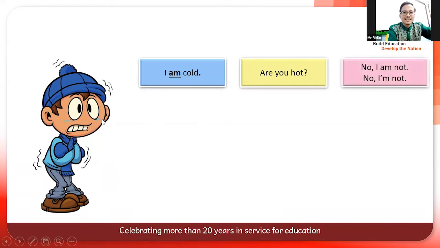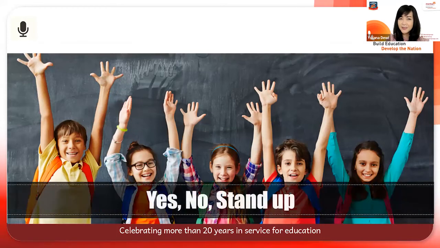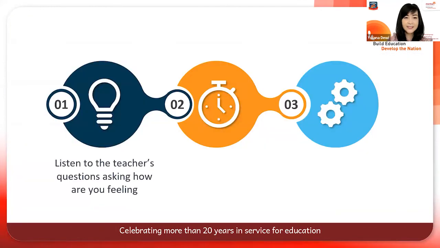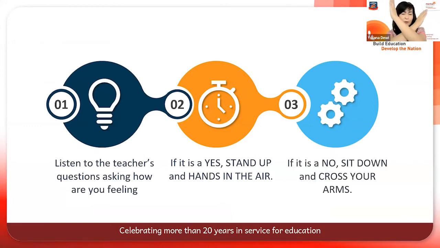If you want to have an exercise with yes, no questions, you can do yes, no, stand up. What you are going to do in yes, no, stand up is that you will listen to me saying the questions. I'm going to ask you the question, how are you feeling? If it is a yes, stand up and hands in the air, okay? If it is a no, sit down and cross your arms, yeah? All right, Miss Yuli will ask you the question. Are you all happy? Evelyn, are you not happy?